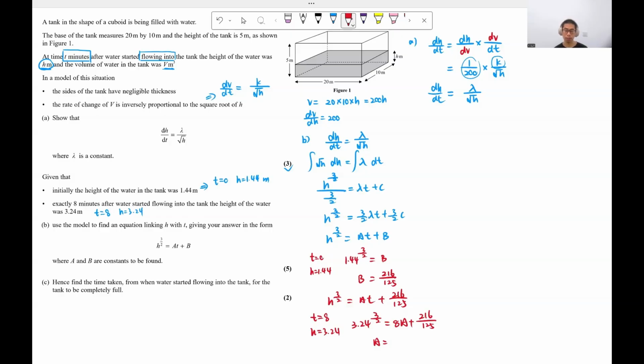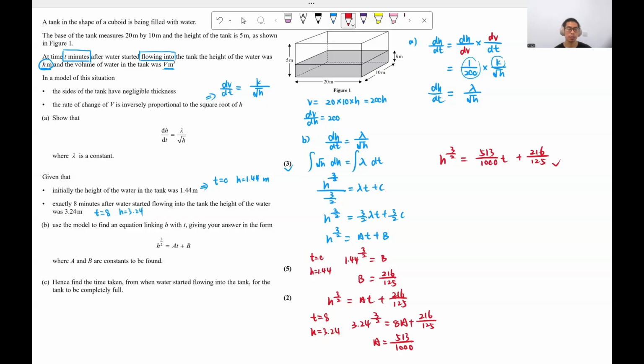That would be 513 over 1000. So our final answer is h to the power 3 over 2 equals 513 over 1000 times t plus 216 over 125. That's all.